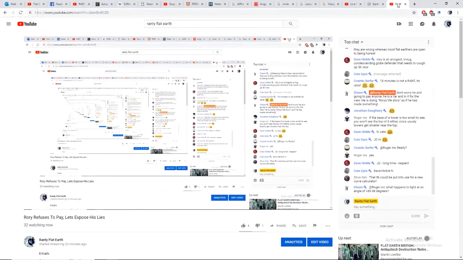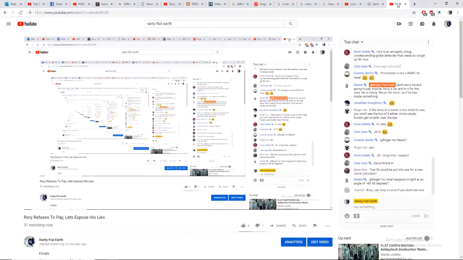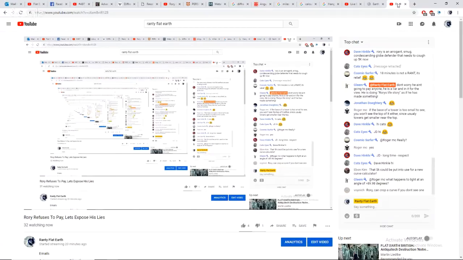In fact, I could have gone further, probably to 10 feet or 15 feet or even 20 feet at the top of the tower. Again, it would have been too small to be seen. But to make sure that I was very concise with the victory, I decided to lower it down to 3.2 feet because it's impossible for him to argue that case, and it's a wrap for flat Earth. There, it's a wrap.